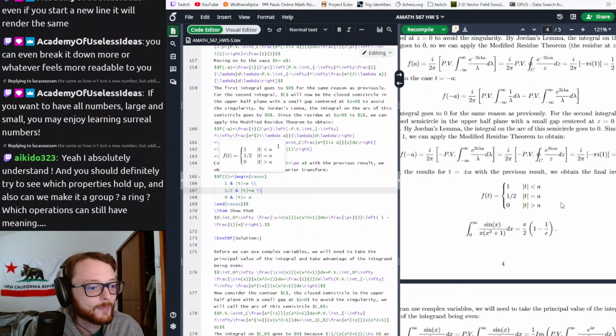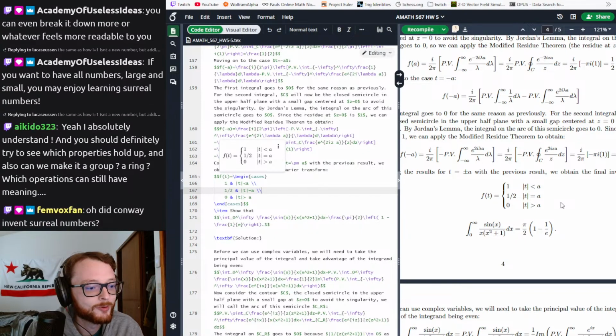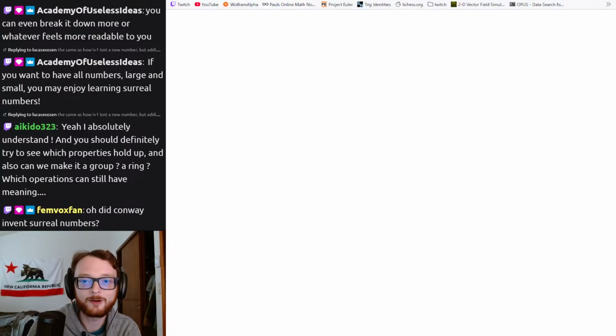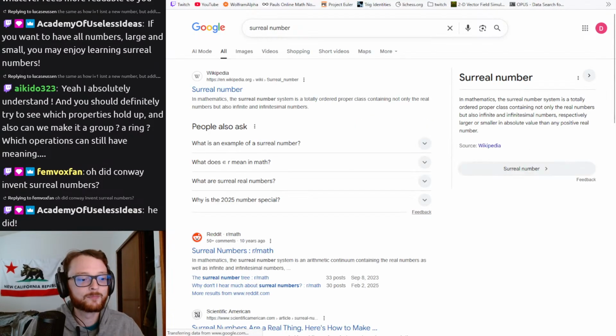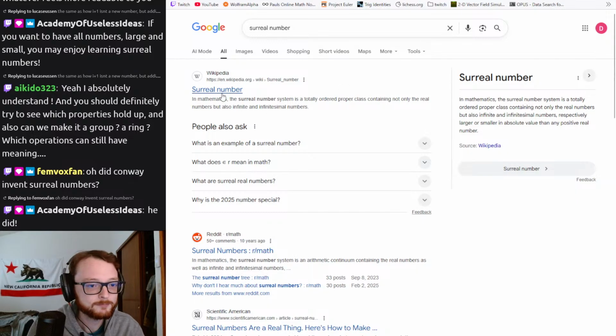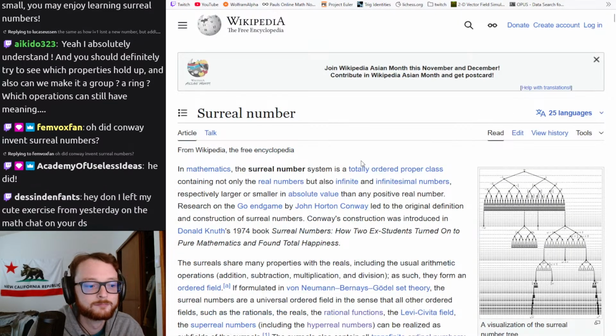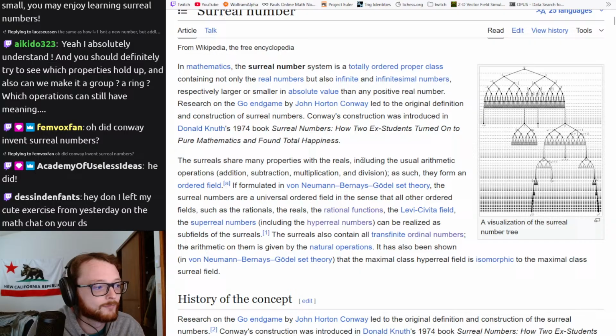If you want to have all numbers large and small, you may enjoy learning surreal numbers. Ooh. I've heard of those. I forget what they're about. Oh, really? This is an exercise that felt cute, might delete later. Ooh, this looks like a cool tree.